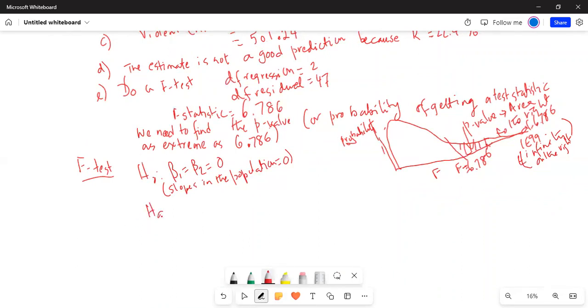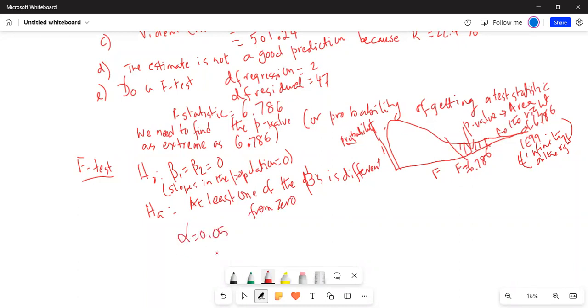So null hypothesis. Your alternate is at least one of the betas is different from 0. Okay. Our alpha value is 0.05.